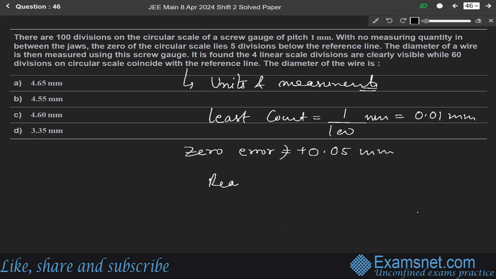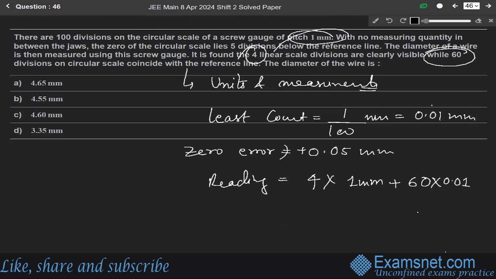So reading will be, as in this case, 4 into 1 mm, plus 60 divisions into least count 0.01 mm, minus this zero error 0.05 mm.